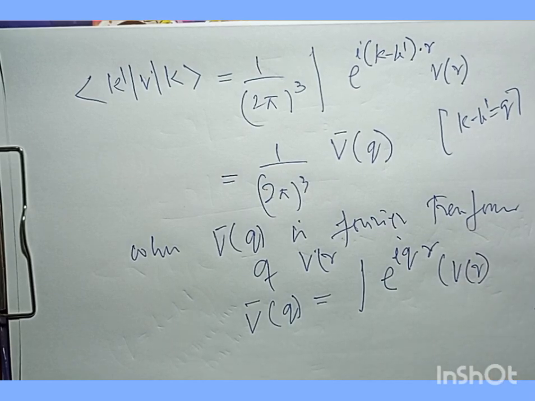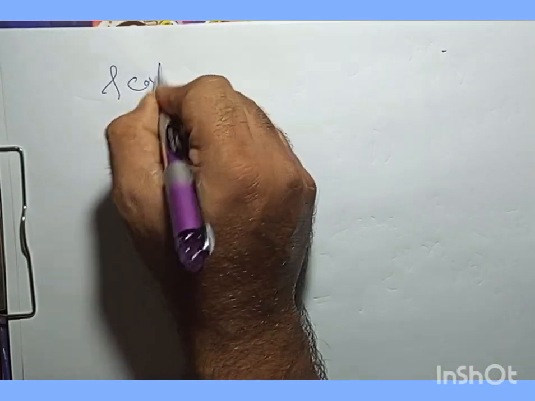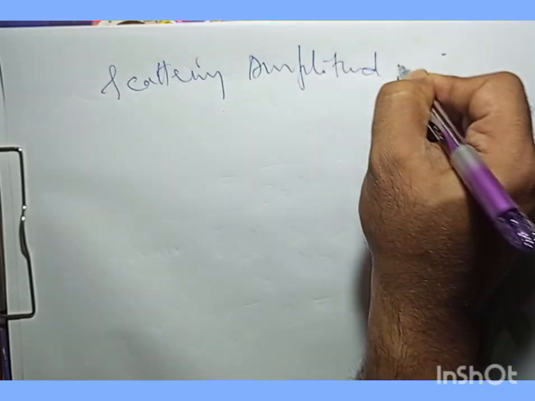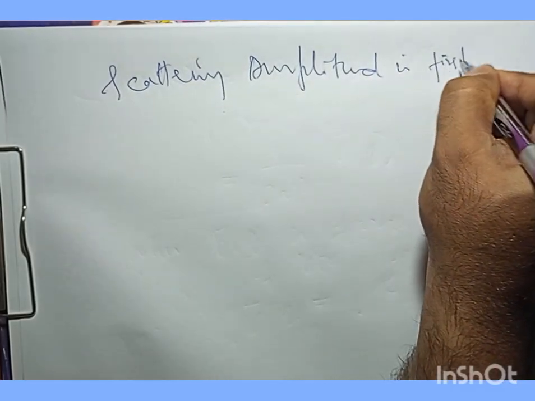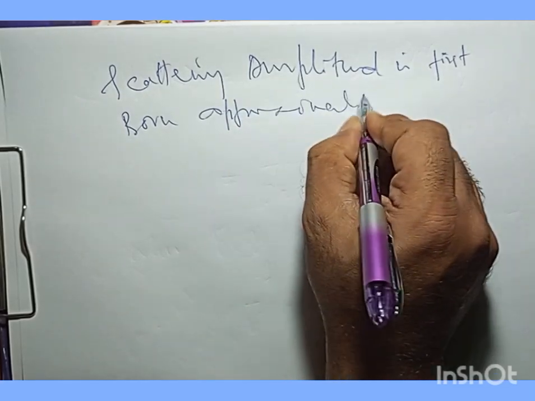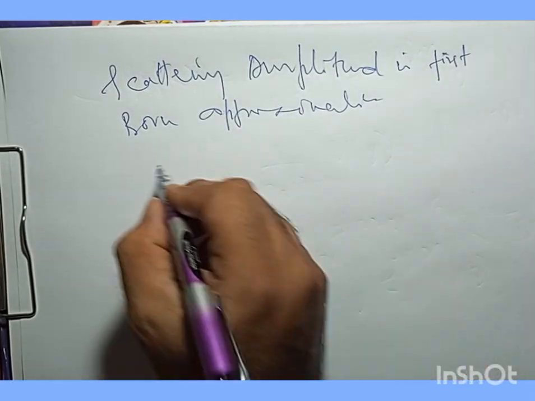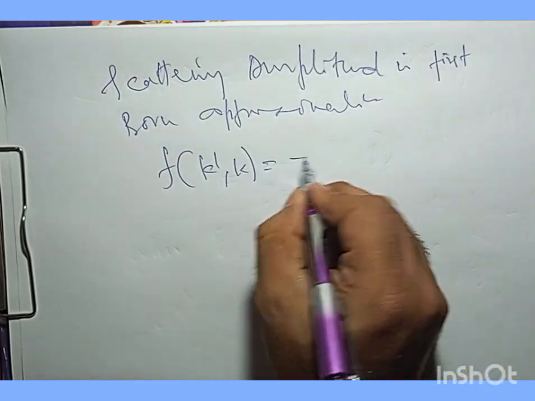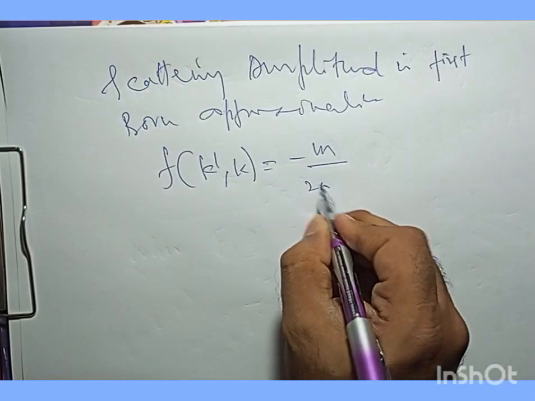So the beauty of this equation is that the scattering amplitude in the first Born approximation can be written as f(k', k), which is −m by 2π ħ².